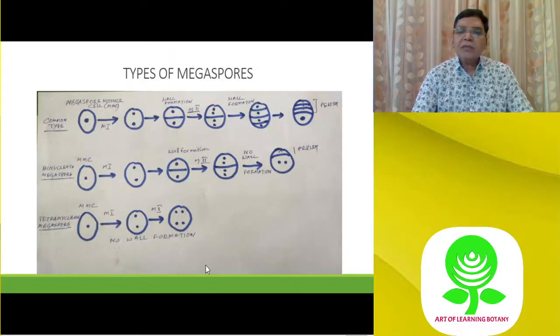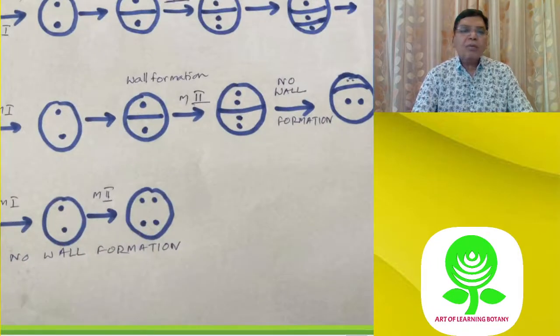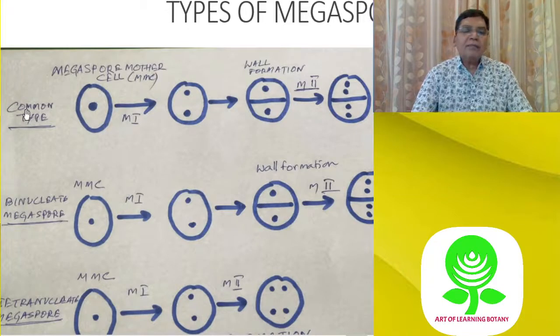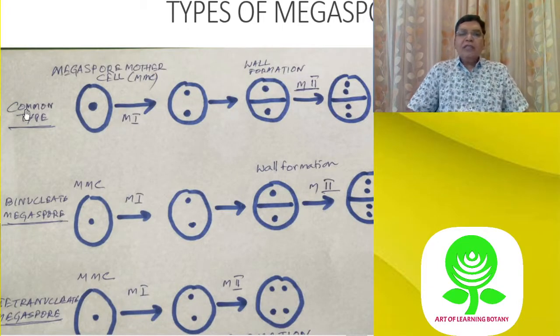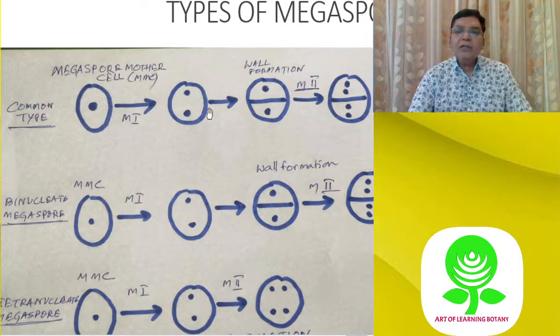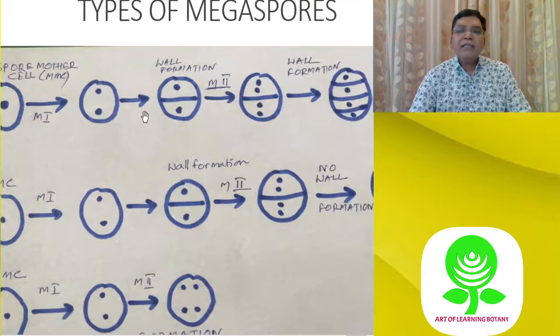The megaspores are of different types according to the wall formation. Let us see the common type, where meiosis 1 occurs. From meiosis 1, 2 nuclei are formed by reduction division, and there is cell wall formation. So at the end of every division there is cell wall formation in the common type.